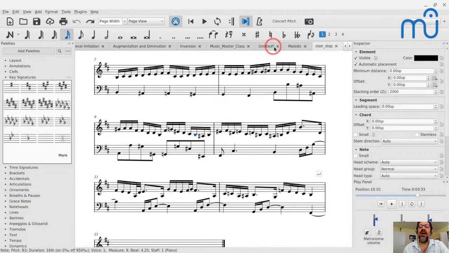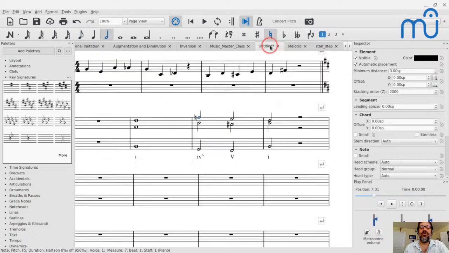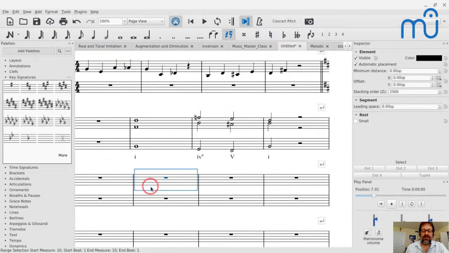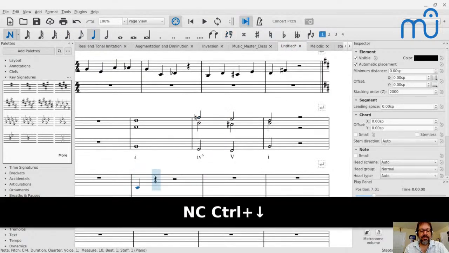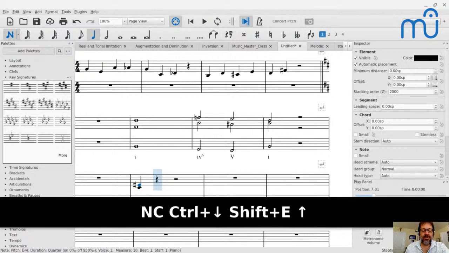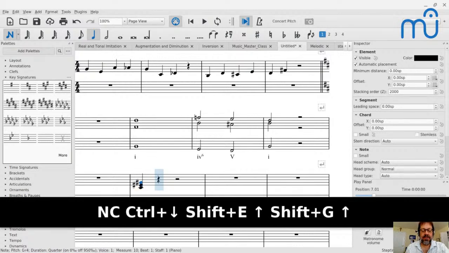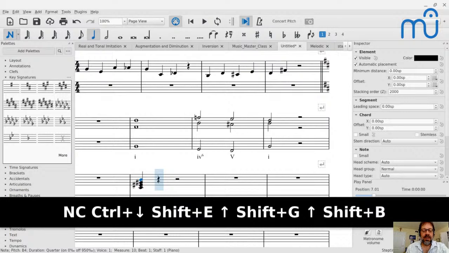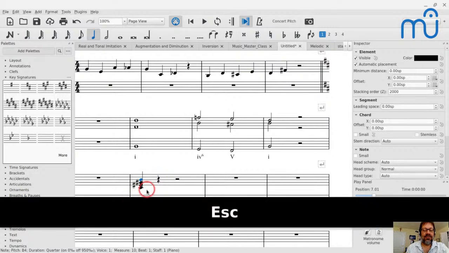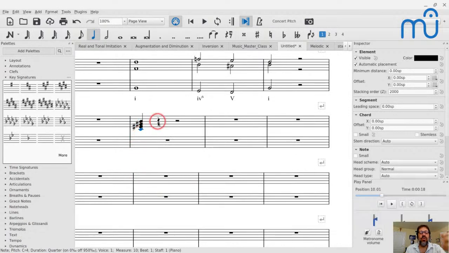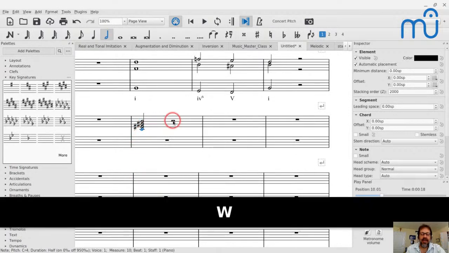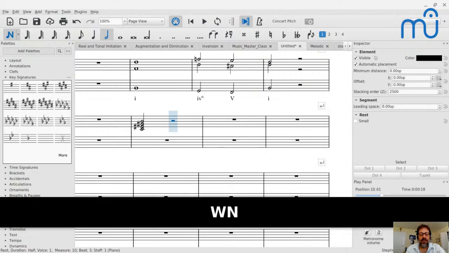So to switch back over here, that's basically C sharp, E sharp, G sharp, B, right, so that's this chord. It's a dominant 7th 2 chord, and we lengthen it, and then it's going to the 5 chord.